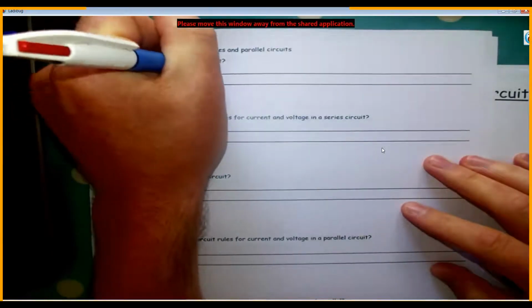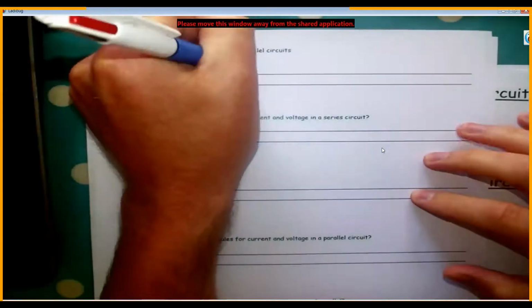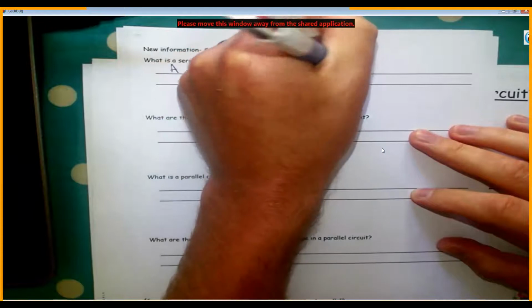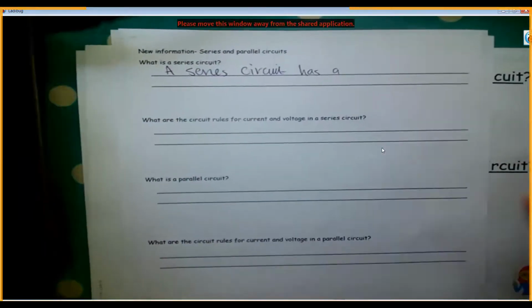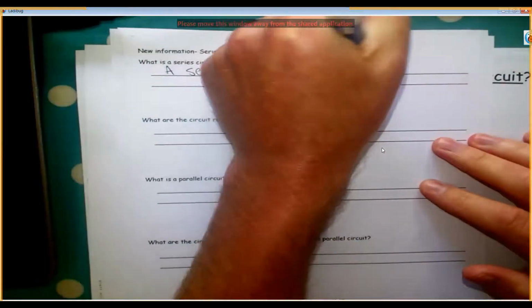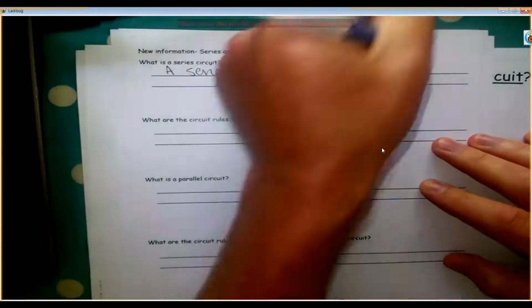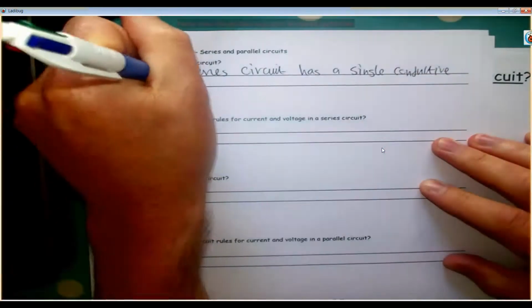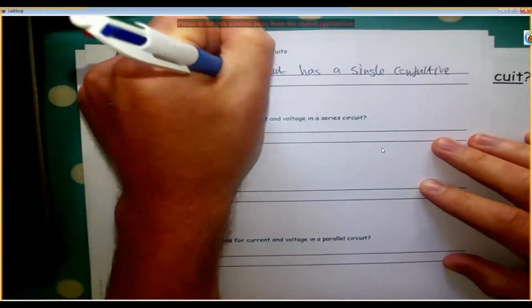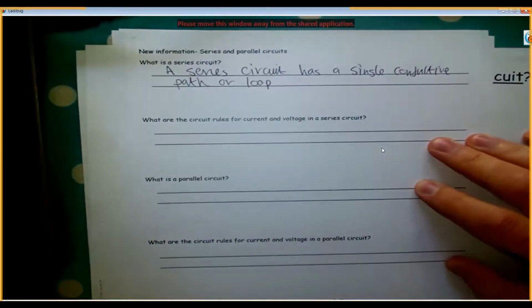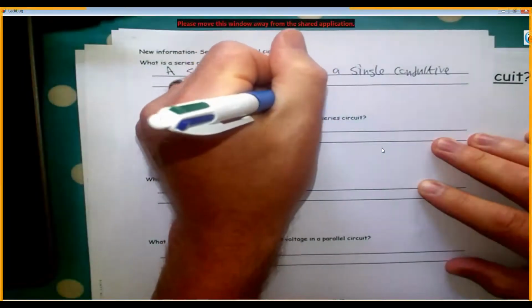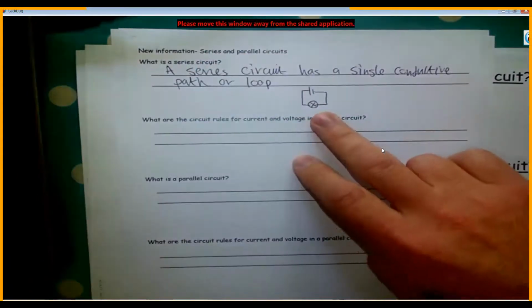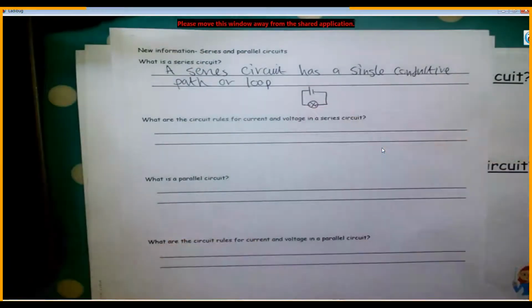A series circuit has a single conductive path or loop. For example, if I was to draw one, that would be an example of a series circuit, one loop.